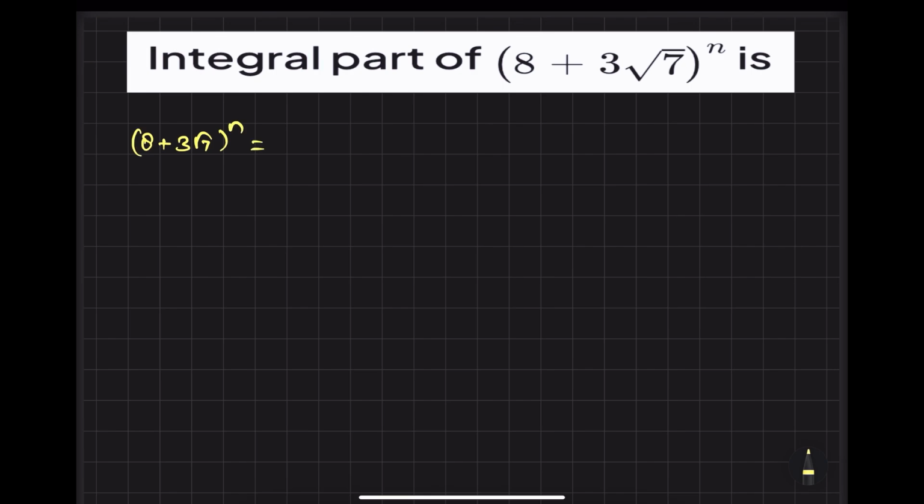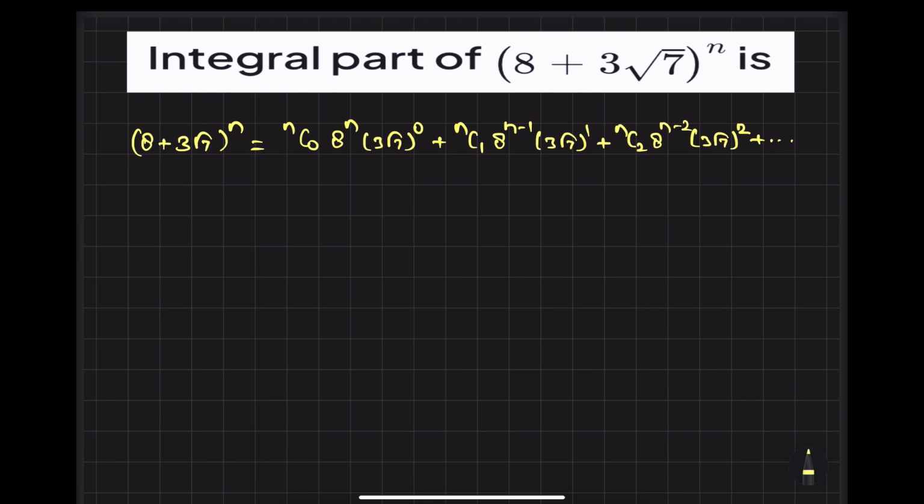If you expand, you will have nC0 8 power n (3 root 7) power 0, plus nC1 8 power n minus 1 (3 root 7) power 1, plus nC2 8 power n minus 2 (3 root 7) power 2, and so on. Now if you expand this part, I know that we will have some integral part and a fractional part, because this is 8 plus something, so both are positive numbers.